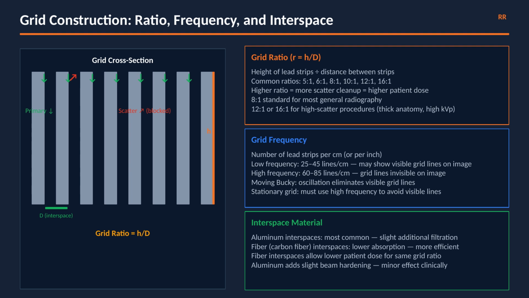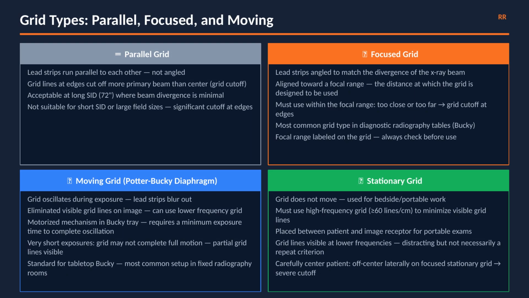High frequency is required for any stationary grid used in clinical imaging. In moving Bucky grids, oscillation during exposure blurs out the grid lines, so lower frequency grids are acceptable in a moving Bucky. Interspace material: aluminum is the most common, with a slight additional filtration effect. Grid types have distinct clinical applications.